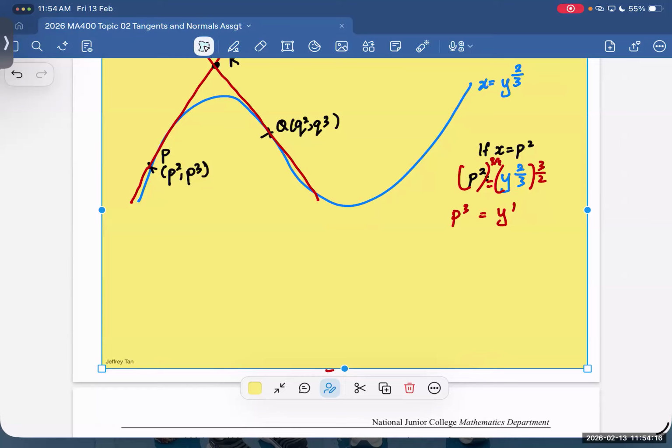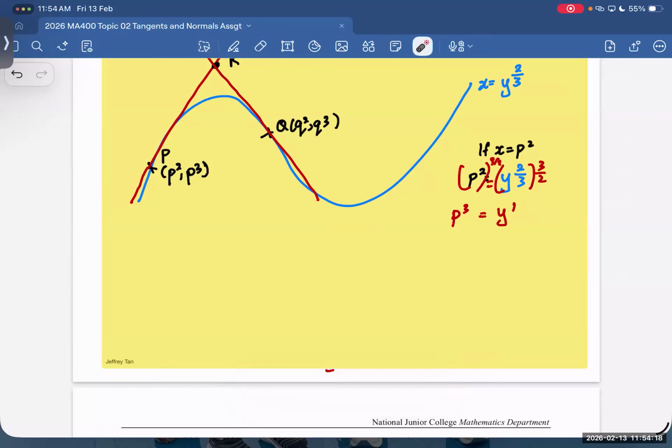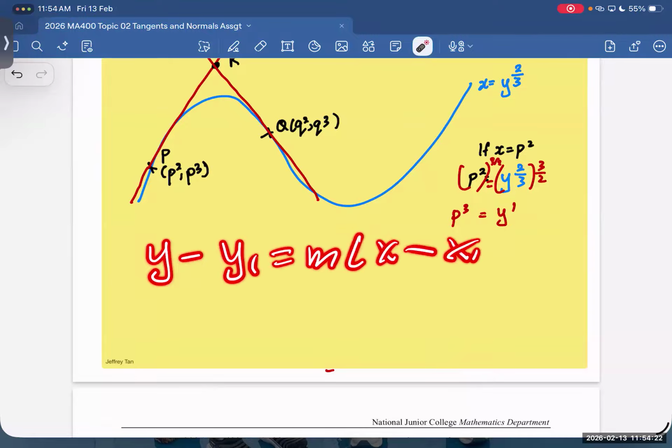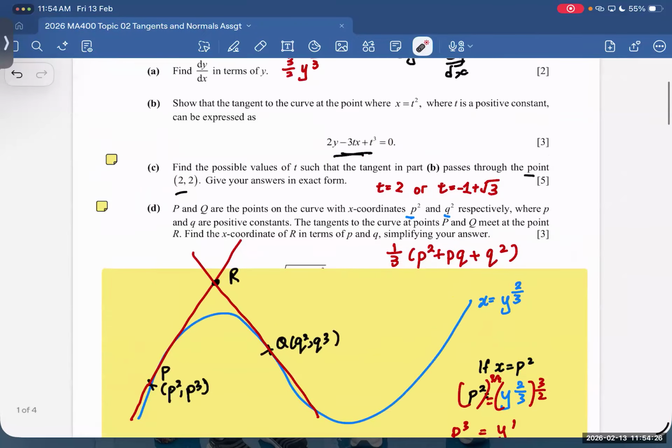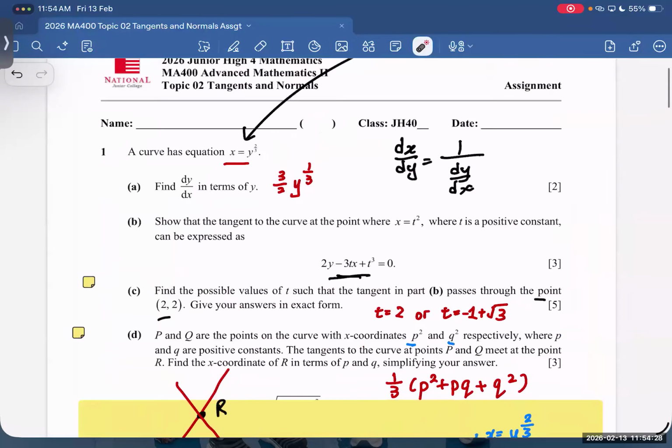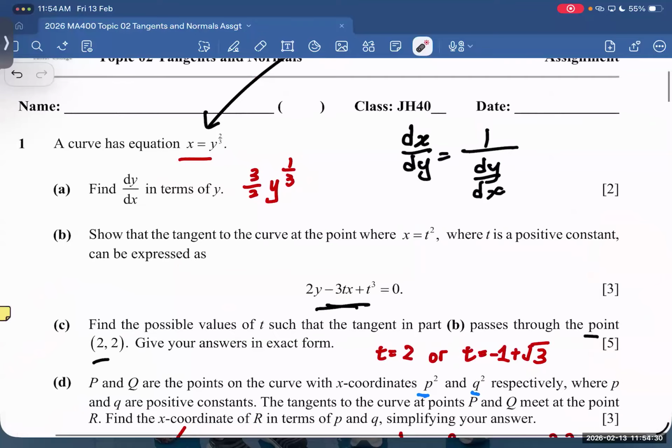Now remember, what's the equation of tangent? It is y minus y1 equals gradient times x minus x1, right? I hope you didn't do it again from the start, because if you look at part B, this is t squared, but this is p squared. All you have to do is take this and change the t to p.